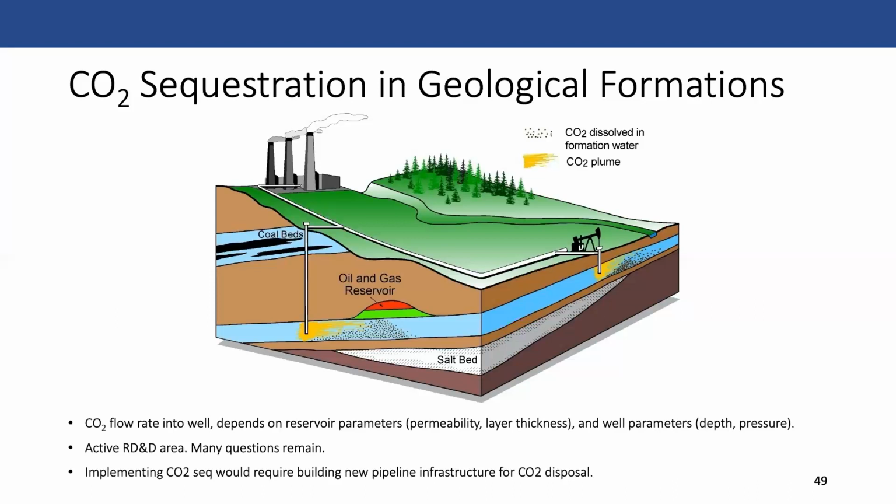You extract the oil, you extract the gas, and you replace it with CO2, or into salt beds. Essentially you're taking the CO2 and shoving it underground, so it doesn't go into the atmosphere and doesn't lead to the effects of global warming and climate change.